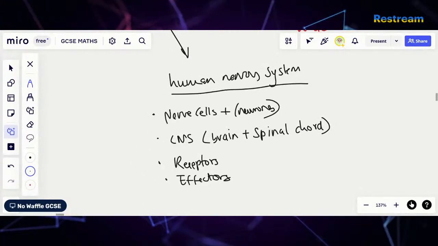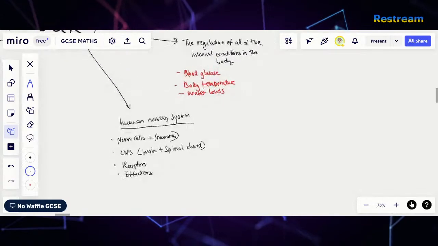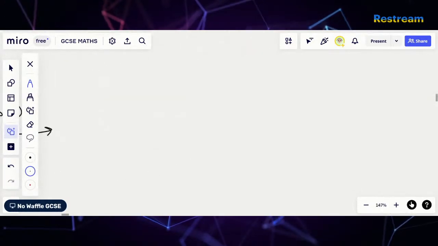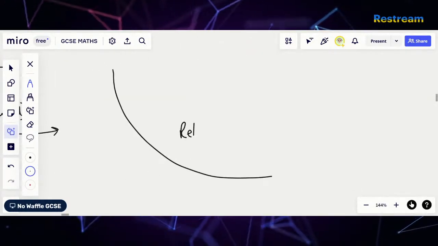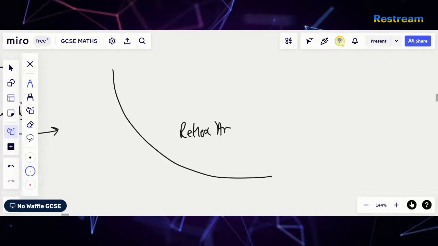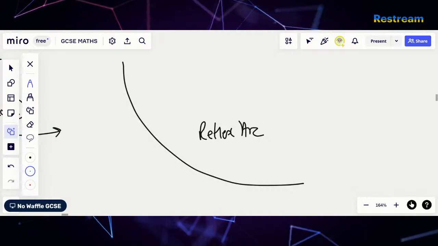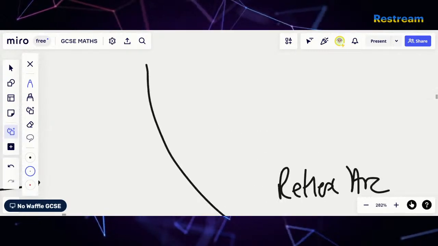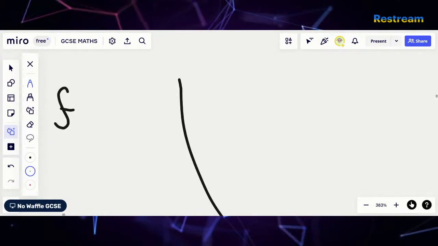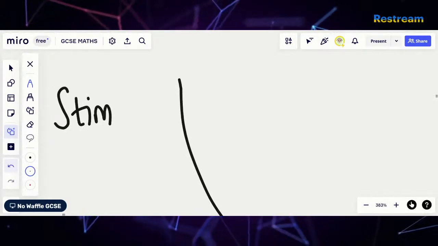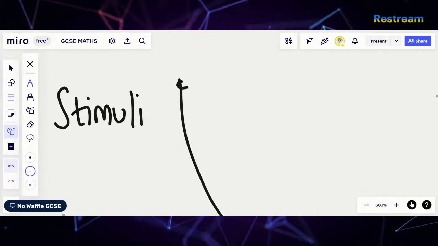So we're going to put all of this into action now as we describe the reflex arc. Reflexes are actions that are carried out by the nervous system. They're rapid and they're carried out without the conscious brain. So firstly, there's a stimulus, which is a change in the environment that triggers this.